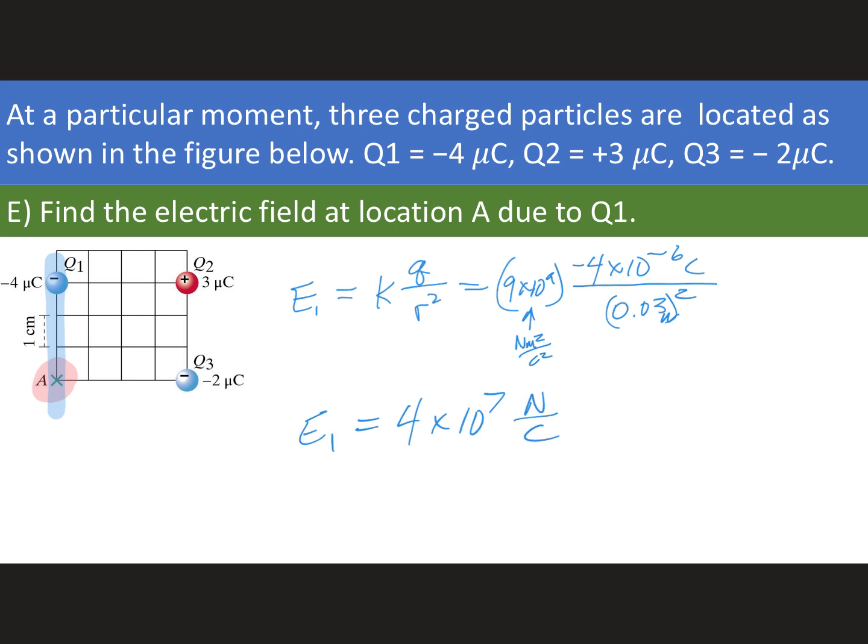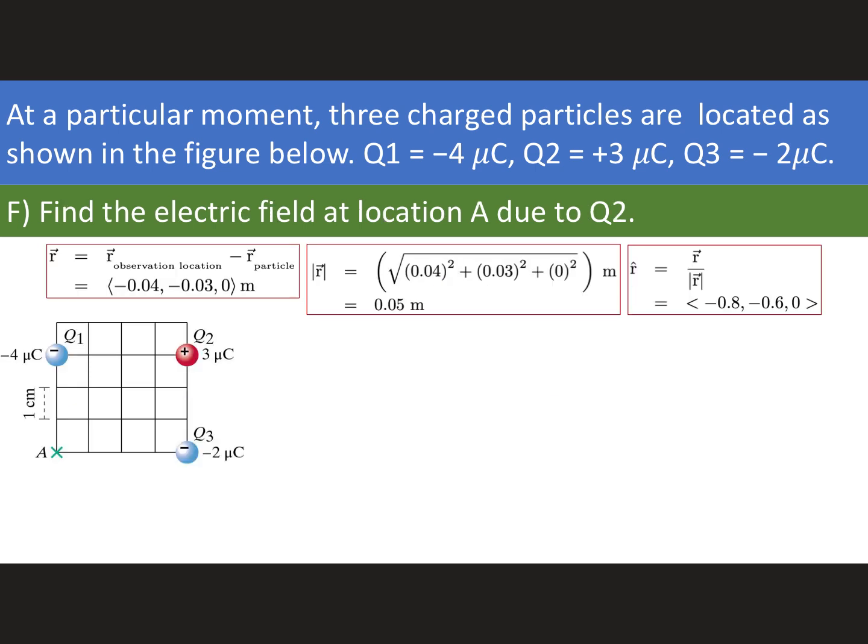That's an easy calculation. For the next one, I went ahead and left the math from before because it's not going to change. It's this right here. No point in writing all of that again.